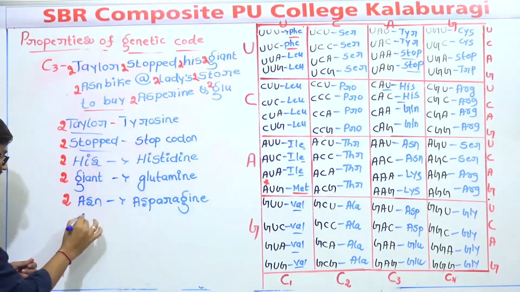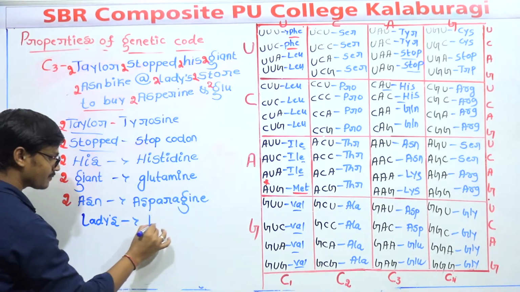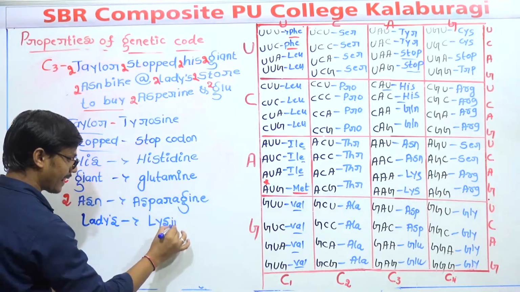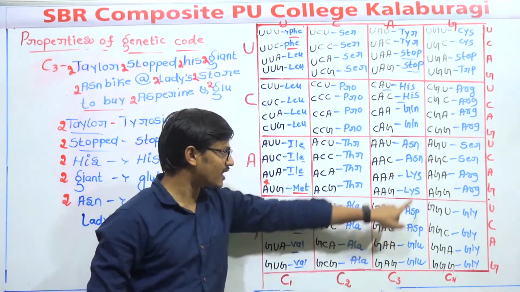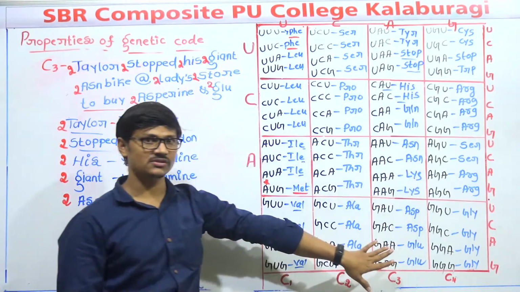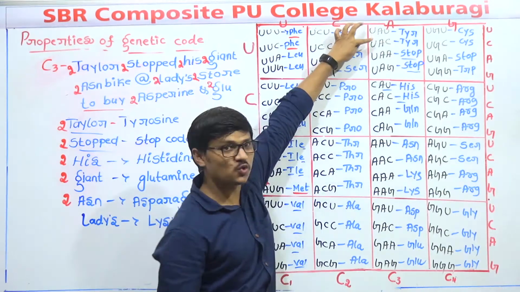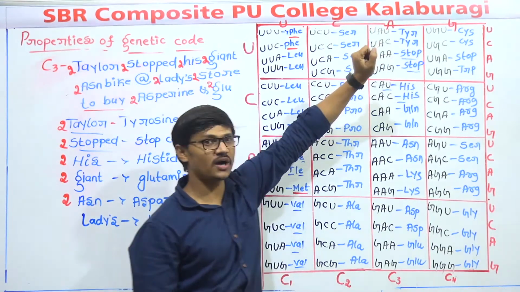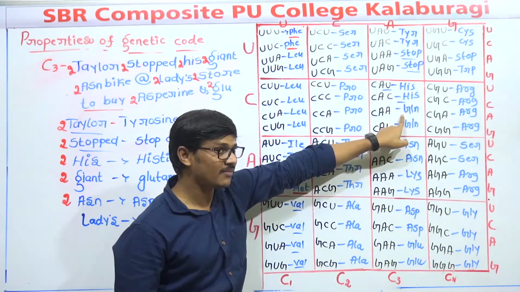Now ladies. So here, ladies store. Ladies store stands for lysine, the amino acid. And how many codons are there for lysine? Again, 2 only. What is the specialty of this column? Every amino acid is coded by 2 codons. For tyrosine, 2 codons. For histidine, 2 codons. For glutamine, 2 codons.